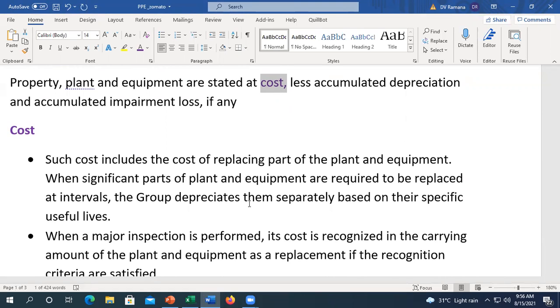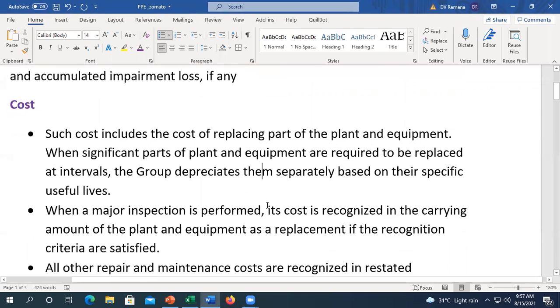So property, plant and equipment is governed by Ind AS 16, whether it is Zomato or Tata Steel or Sun Pharma or HUL. The measurement principle is that the initial recognition should be at the cost, and the cost is the purchase price plus incidental expenses.